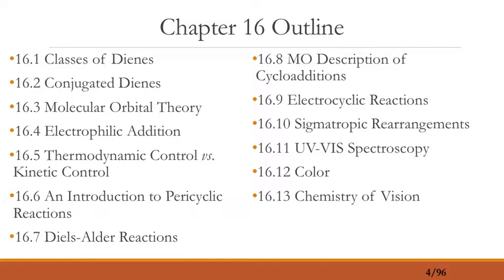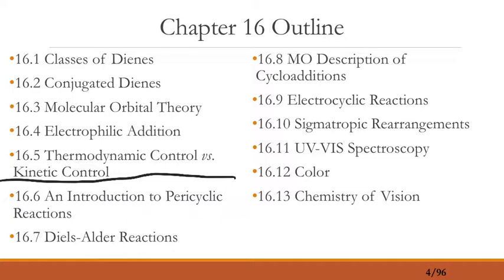I know the outline here won't match what we have in our book, but we have dienes, conjugated dienes, molecular orbital theory, electrophilic addition, thermodynamic control, and kinetic control, things we've discussed in the past. An introduction to pericyclic reactions, the Diels-Alder reactions. I would say below that line will be the second chapter in your book, chapter 22.